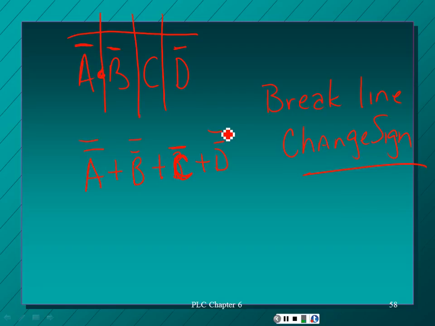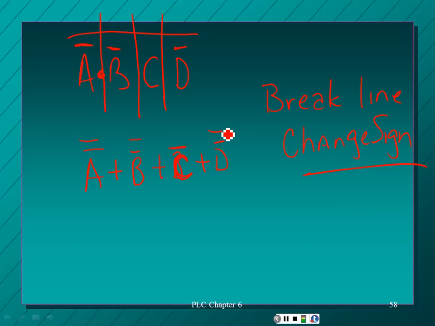So if you invert something twice, you go back to its original form, right? If I start that direction and I turn around, I'm going backwards. If I turn around again, I'm going the same way I started, right? Okay.